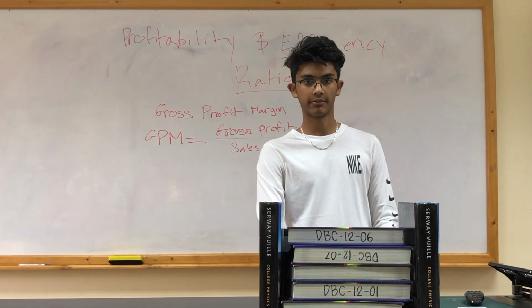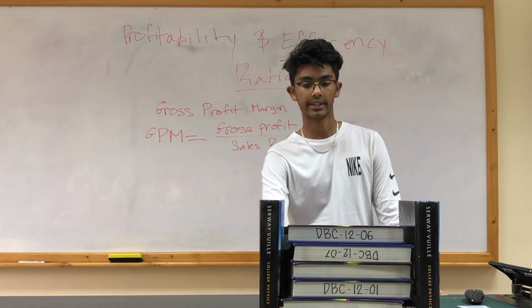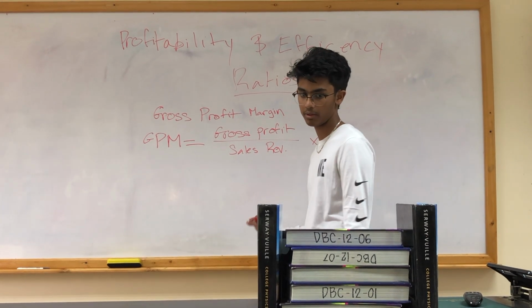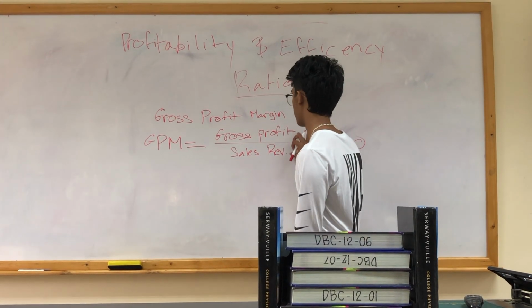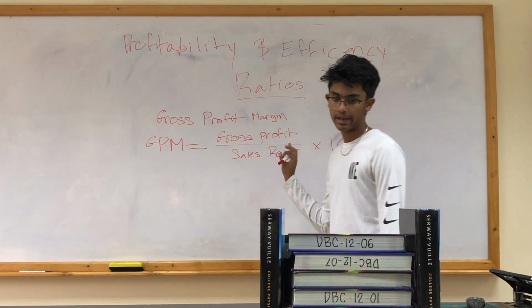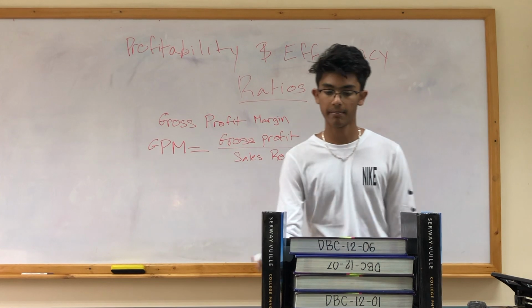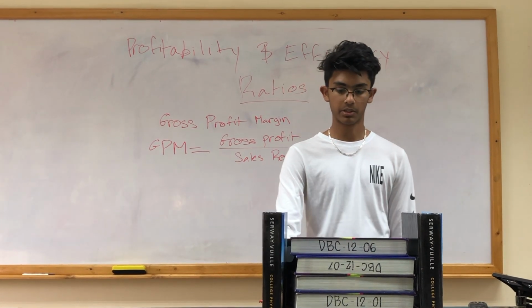In many of your textbooks, you would have a profit and loss account, and you would already have your opening stock and everything for your sales revenue, and you would probably already have the gross profit. So to calculate the margin, you would just multiply that by 100, and you would get your gross profit margin.